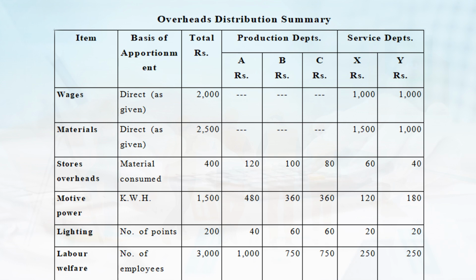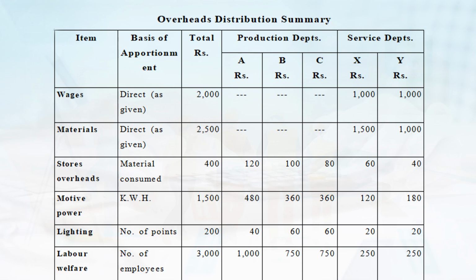Next item is materials. Here also the base of apportionment is direct. Total amount is 2,500. Same for service departments, direct material cost is overhead cost and needs to be distributed. That's why for service department X the amount is rupees 1,500 and for service department Y the amount is rupees 1,000.